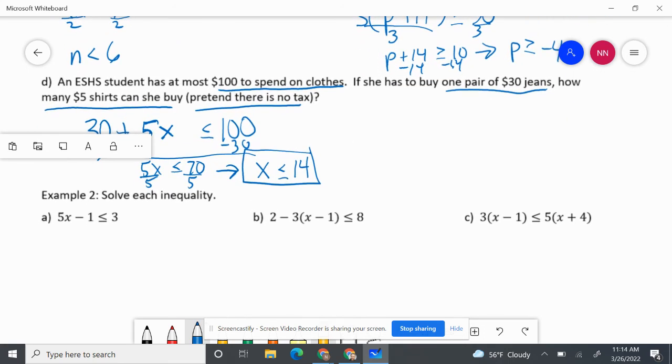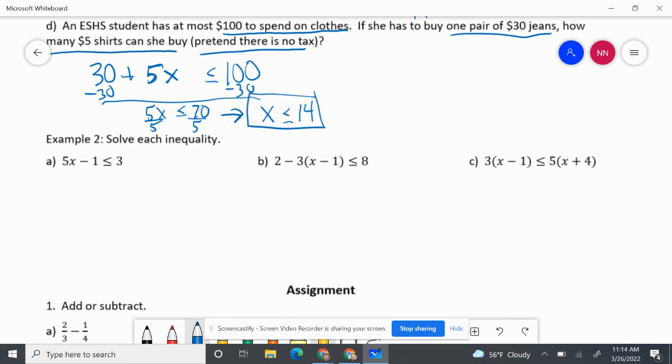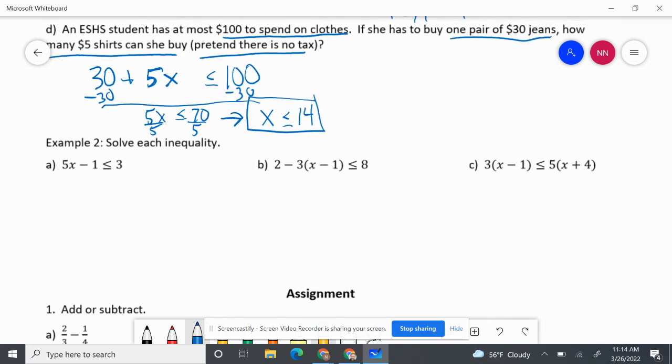Now we're going to look at just solving these. When we're solving these, we're going to solve them just like a normal equation. We add 1 on both sides, and we get 5x is less than or equal to 4. Then I divide by 5, and I get x is less than or equal to 4/5.